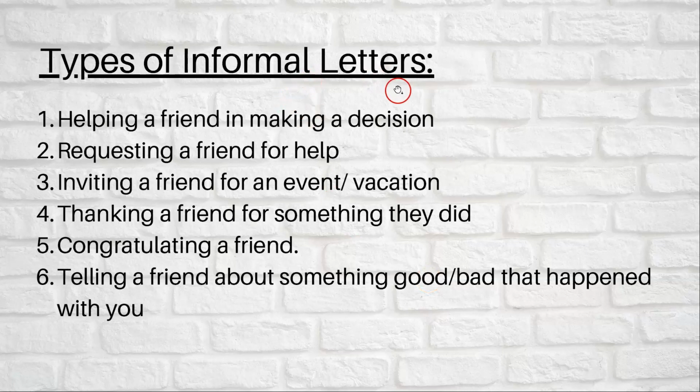Types of informal letters. Helping a friend in making a decision. So this is a question which was asked in the exam, and which is probably also present in the Cambridge books, where a friend is asking for your advice in a decision-making process, as she or he is confused if they should attend school or if they should start working.